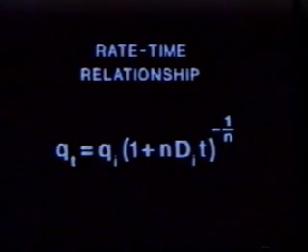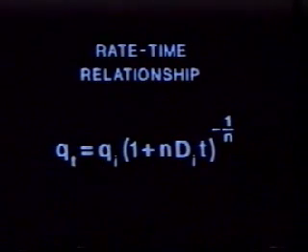Here we see that the flow rate q at any given time, t, is equal to the initial flow rate prior to the beginning of decline, q sub i, multiplied by the term 1 plus n, multiplied by d sub i, the decline rate at the initial flow rate, multiplied by t, the time at which the flow rate is being calculated, all raised to the minus 1 over n power.